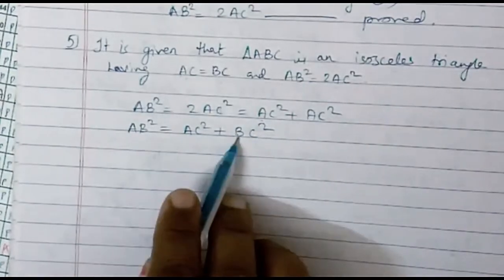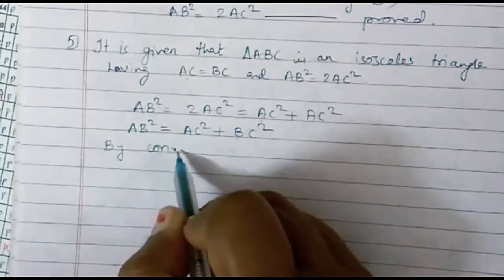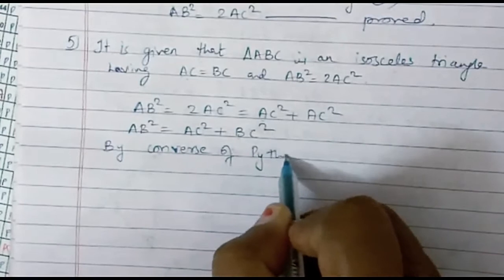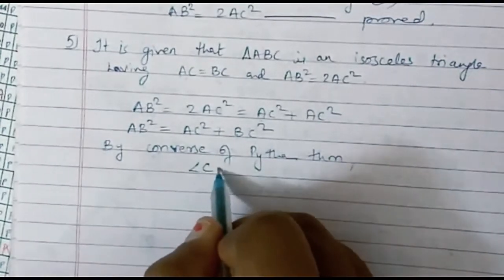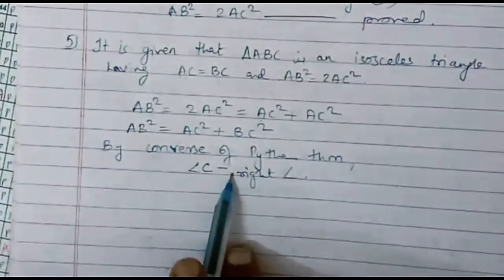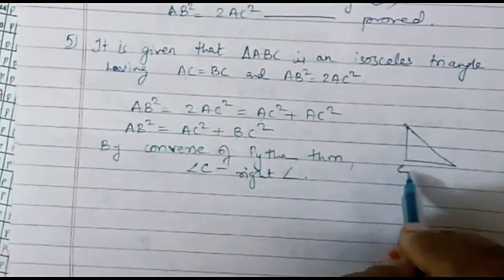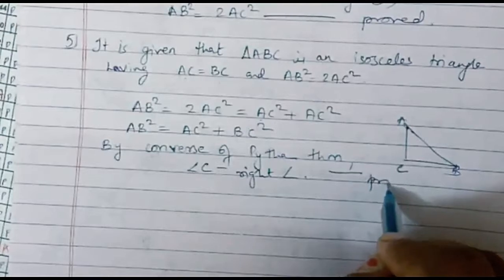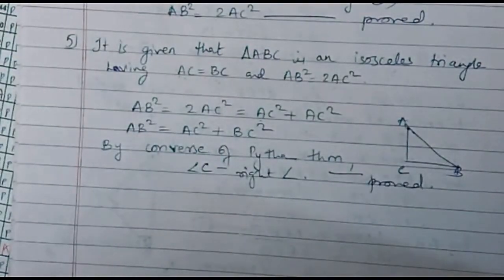Now if this is true, by the converse of Pythagoras theorem, we get angle C is a right angle, right? That means triangle ABC in which angle C is a right angle is proved. This is what we needed to prove, that the triangle is a right angle triangle.